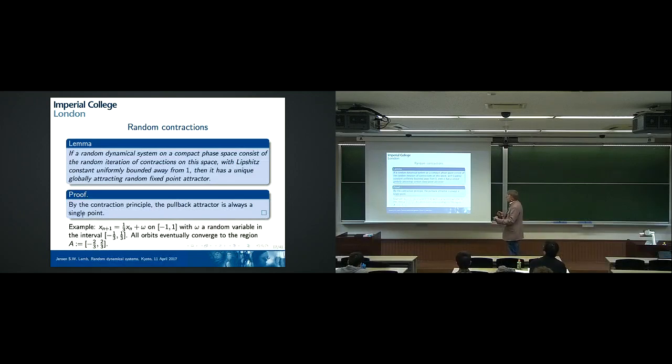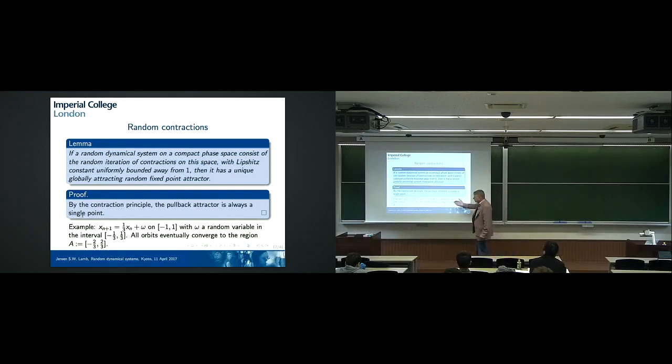Then it has a unique globally attracting random fixed point. Not so surprising, because we just compose contractions all the time with a uniform contraction rate, and no surprise that by the contraction principle, for the pullback effect we will get a unique point. So we have indeed this.